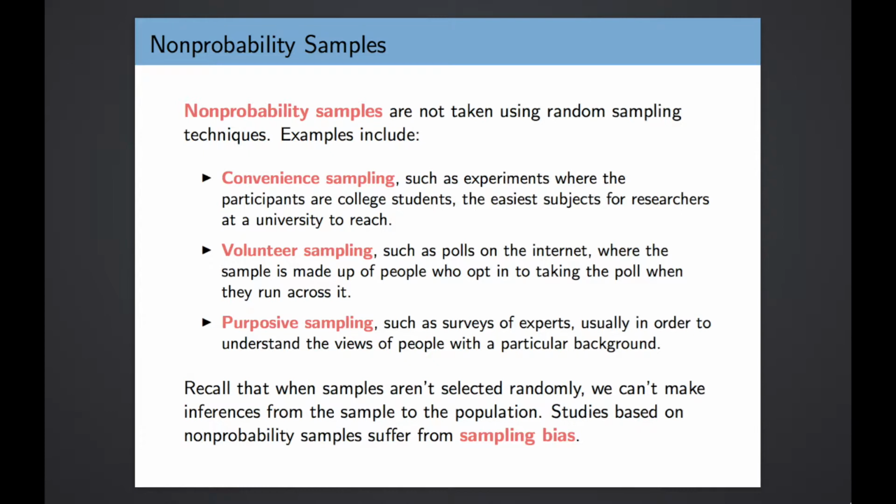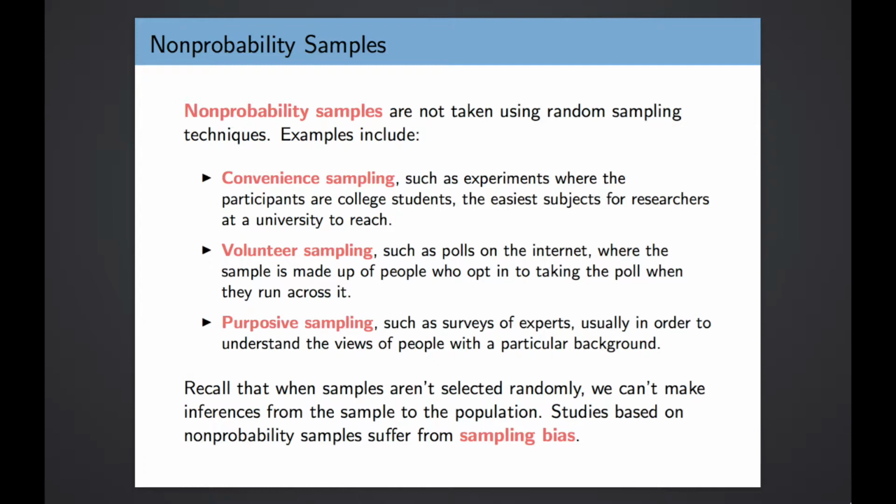So remember that when our samples are not random, we can't make inferences from the sample to the general population. We talked about this in a very early lecture in this class. So non-random samples, non-probability samples, are going to suffer from sampling bias. They're not going to be representations of the population as a whole. There's going to be some bias, some difference from the general population.